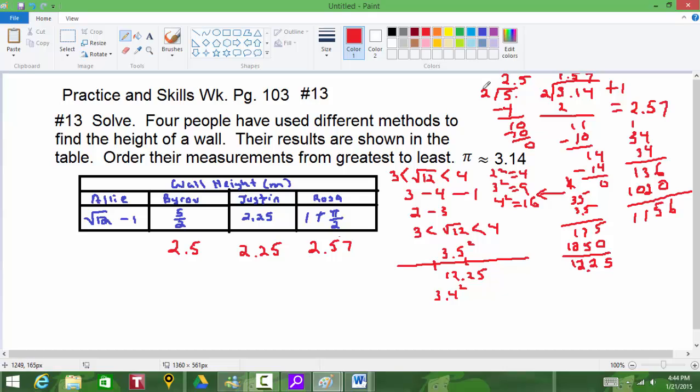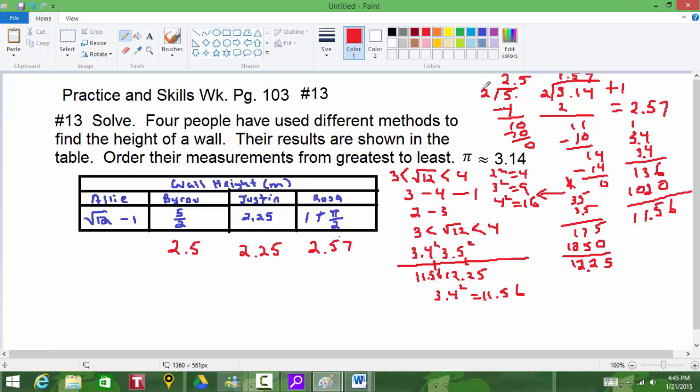Bring back our decimals. Don't forget about those guys. And we get 11.56. Okay, so that's actually good news because we had 3.4, and then the one right next to it turned out to be 11.56.